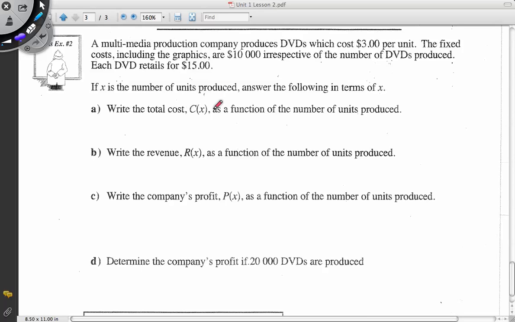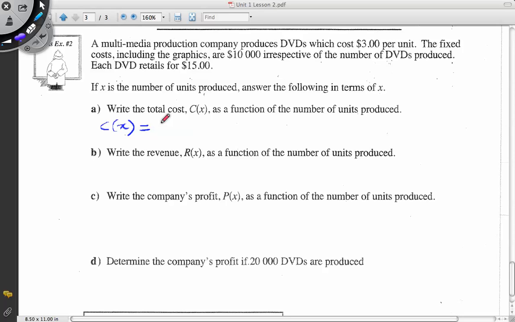Okay, write the total cost as a function of the number of units produced. The total cost is c of x, and we have to write it as a function of the number of units produced. So, in other words, x would be the number of units produced. So let's suppose we actually printed x DVDs. Well, the cost is $3 per DVD.